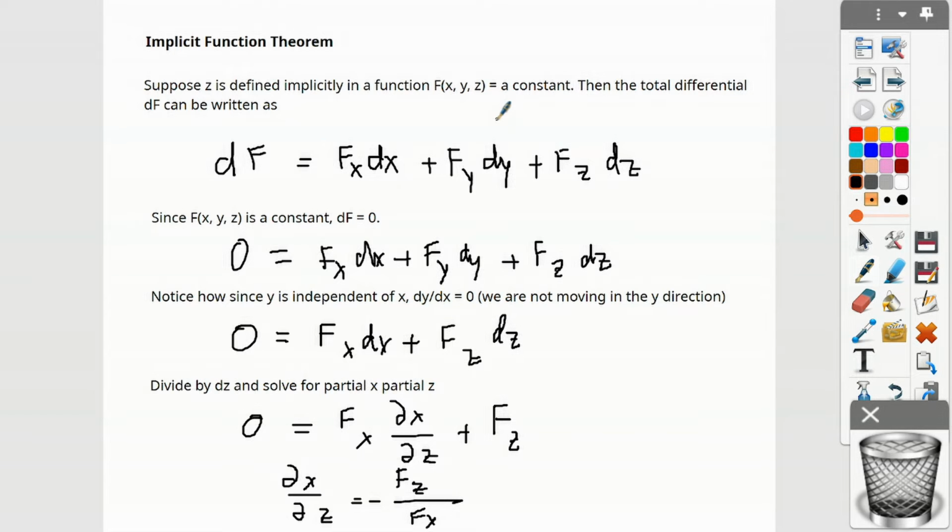If we have a function z defined implicitly by a function f of x, y, z equal to a constant like this, let's say, I'm just going to do a very simple one: x squared plus y squared plus z squared equals 4.